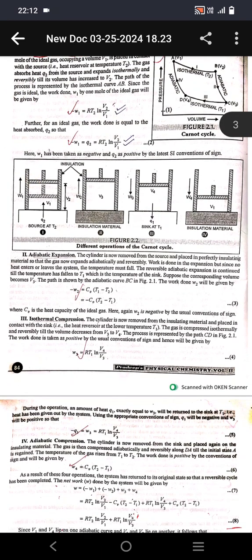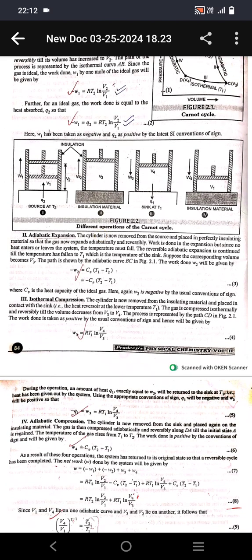Second point is adiabatic expansion. The cylinder is now removed from the source and placed in perfectly insulating material so that the gas now expands adiabatically and reversibly. Work is done in the expansion, but since no heat enters or leaves the system, the temperature must fall.